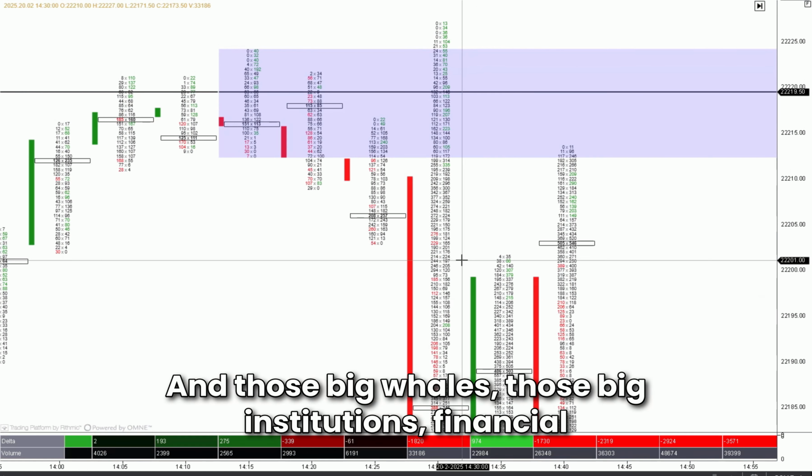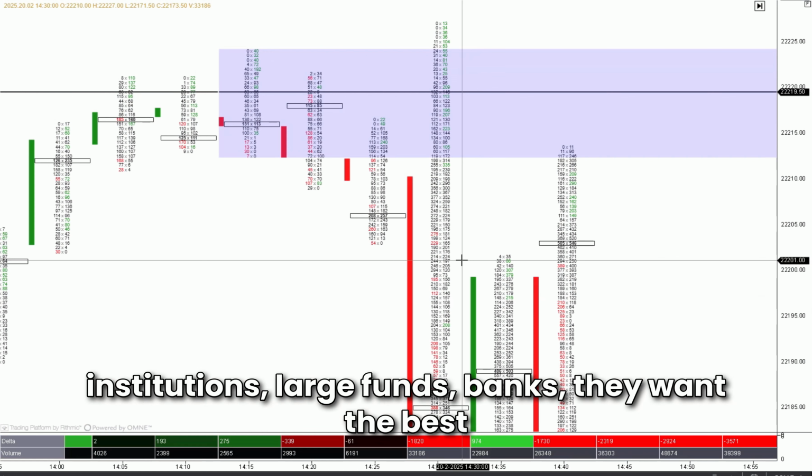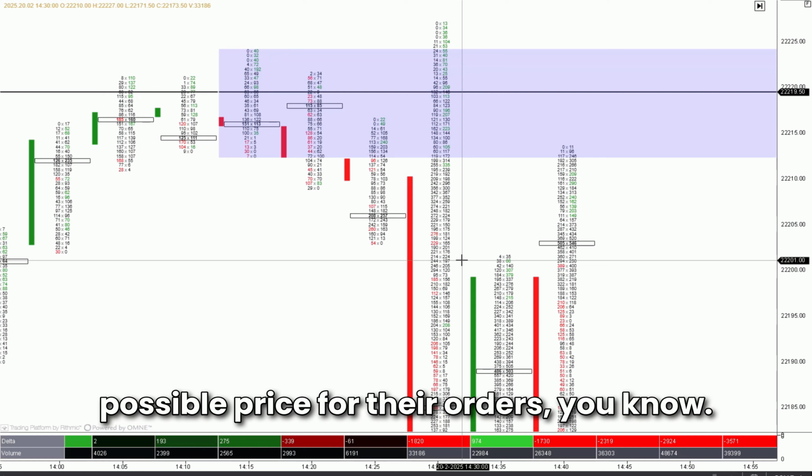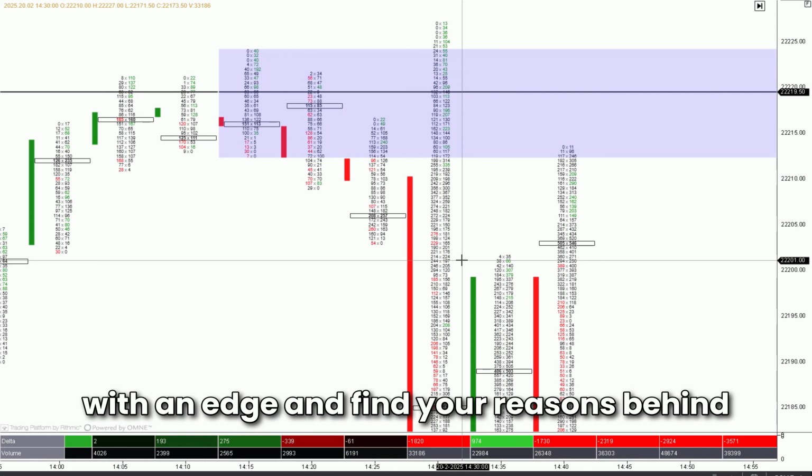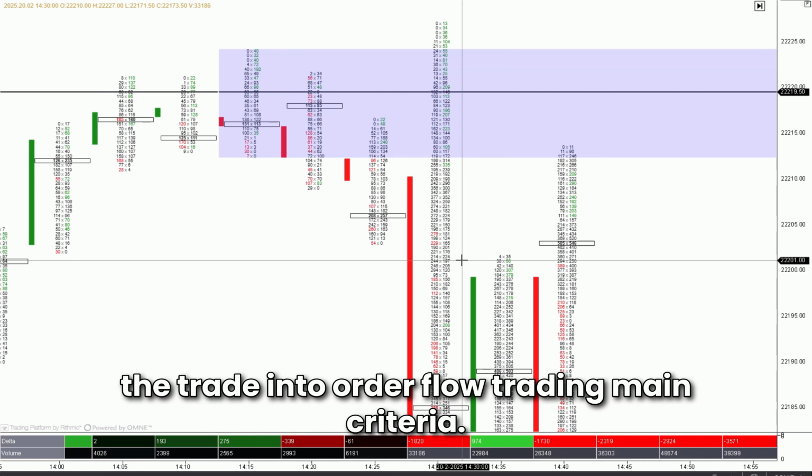And those big whales, those big institutions, financial institutions, large funds, banks, they want the best possible price for their orders. So that's why it's so important to trade with an edge and find your reasons behind the trade in order flow trading. Main criteria.